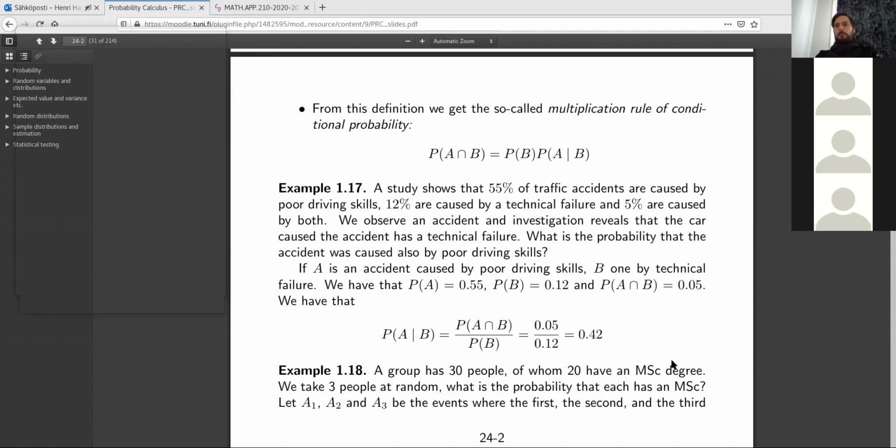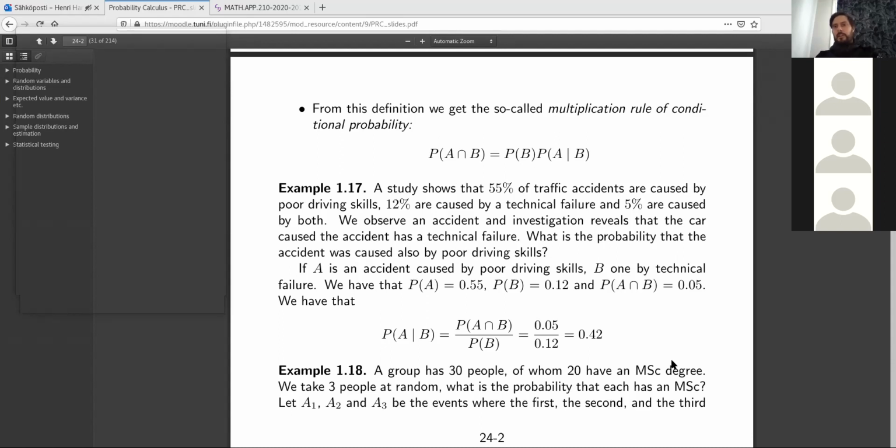And there are causes to traffic accidents, which are either technical failures, meaning a tire gets blown, brakes don't work, something like this, and poor driving skills obviously can be a causative factor as well, or it can be a case of both.